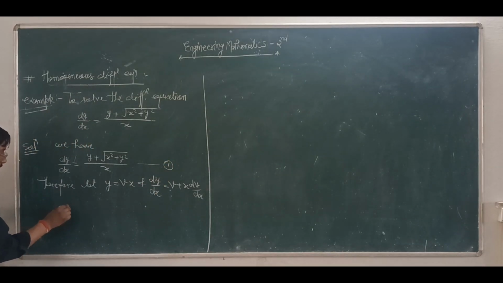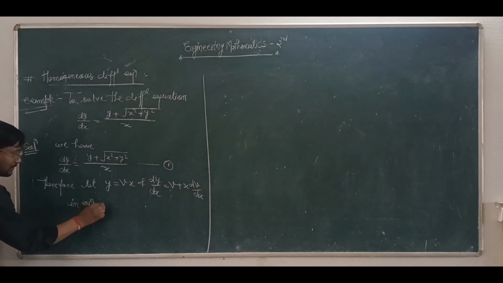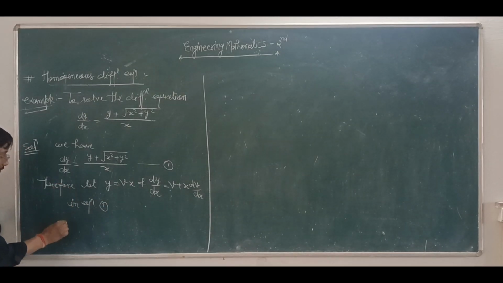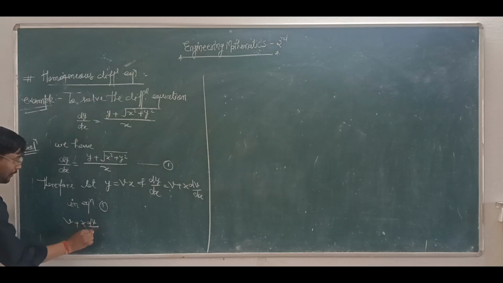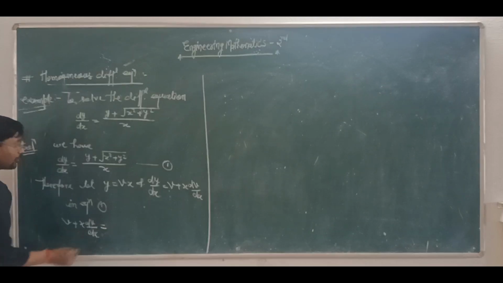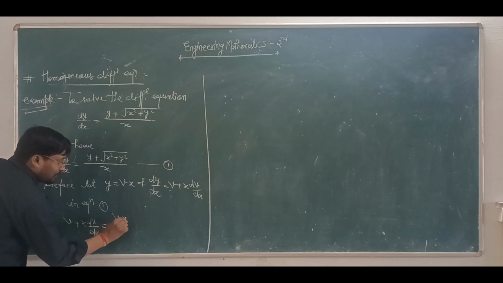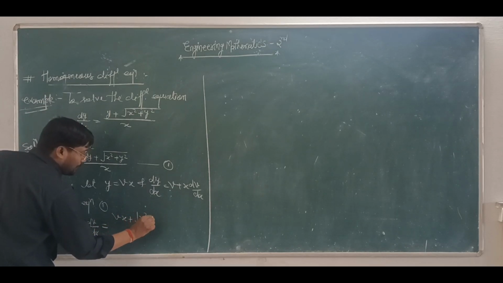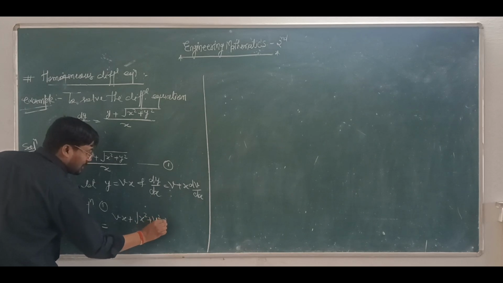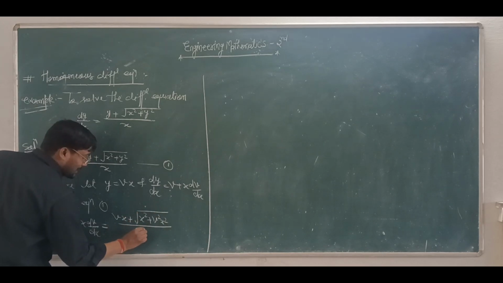Now in equation first, you can write v plus x dv upon dx is equal to vx plus under root x square plus v square x square, total upon x.